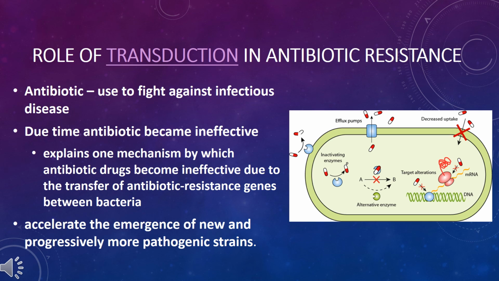And this is thought to be the major means by which bacteria evolve and acquire antibiotic resistance and virulence factors that accelerate the emergence of new and progressively more pathogenic strains.